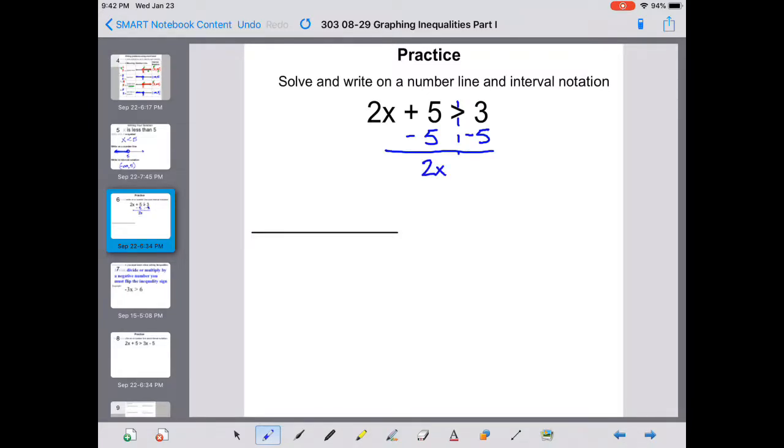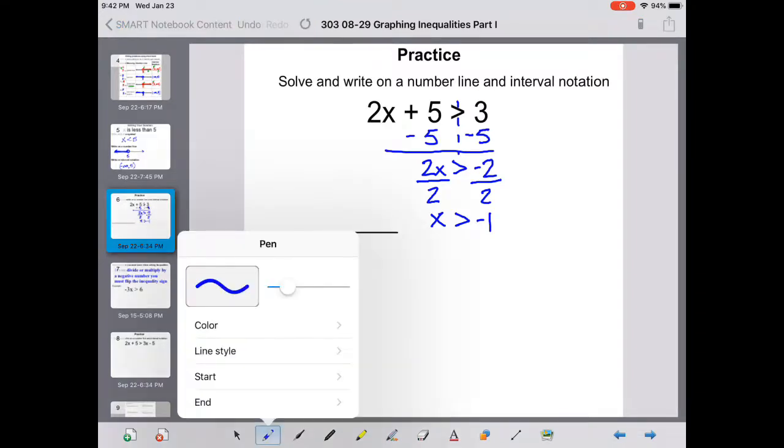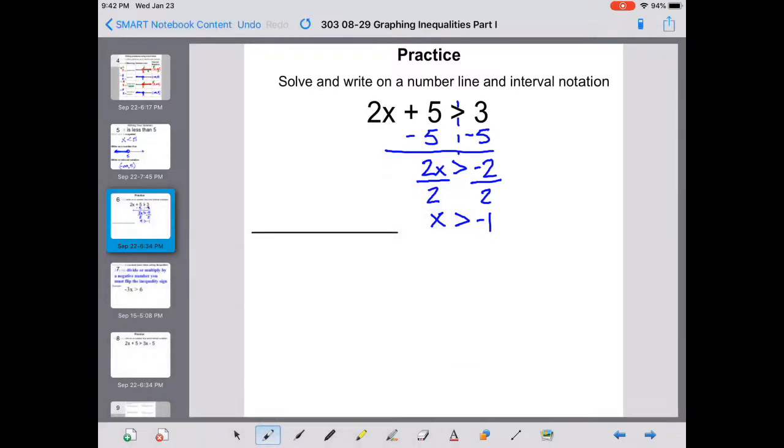And we're going to be left with 2x is greater than negative 2, because 3 minus 5 is negative 2. To get rid of the 2, we're going to divide by 2 on each side. And we're going to be left with x is greater than negative 1. Now again, we have to draw our number line and our interval notation.